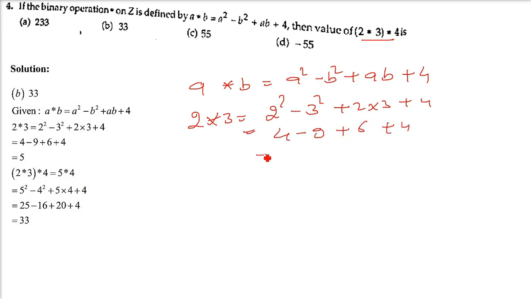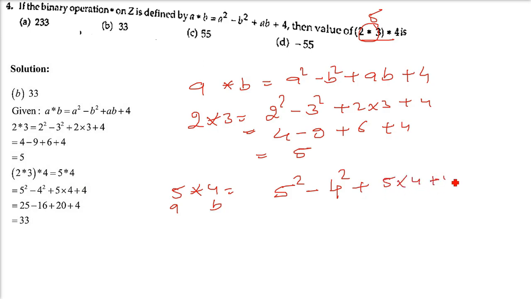So you have 10, 14 minus 9, which is going to be 5. Now 2 star 3 is 5. We will operate 5 with 4 now. 5 star 4. So in place of A, take 5. In place of B, take 4. So 5 square minus 4 square plus 5 into 4 plus 4. This is 25 minus 16 plus 20 plus 4. And the final value will be 33.